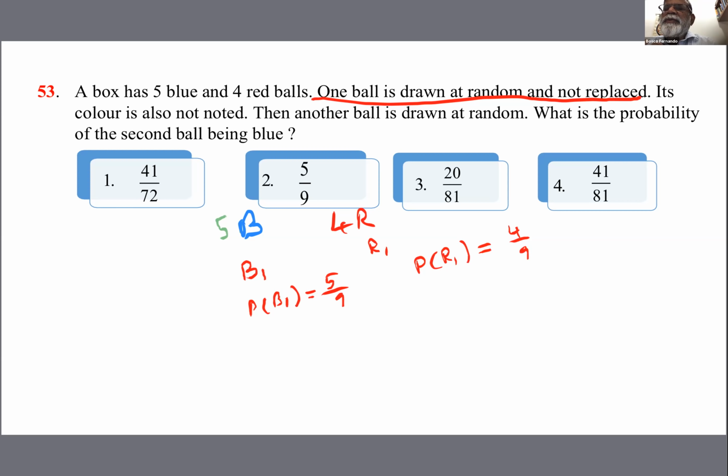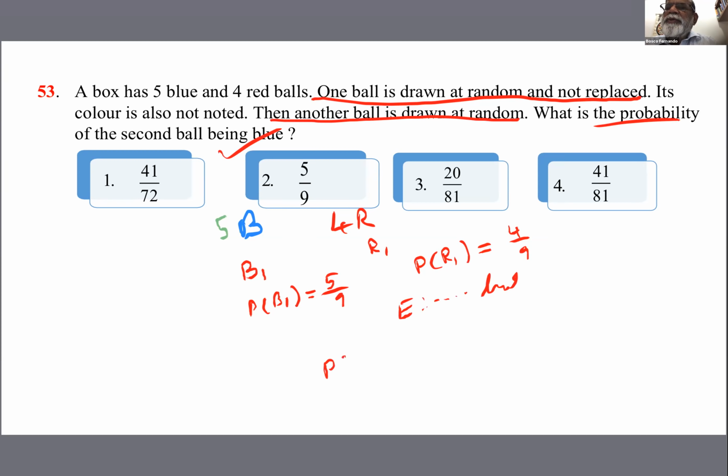So B1 is the event of selecting a blue ball in the first draw. It may be blue or it may be red. Then another ball is drawn. What is the probability that it is blue? Suppose E is the event of getting the blue ball.